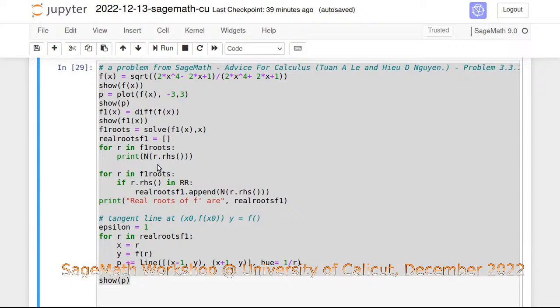Suppose that f is a function which has a second derivative, and suppose that at a point f dash vanishes, so f dash becomes equal to 0. If at that particular point the second derivative is greater than 0, then f has a local minimum, and if the second derivative is less than 0, then f has a local maximum.